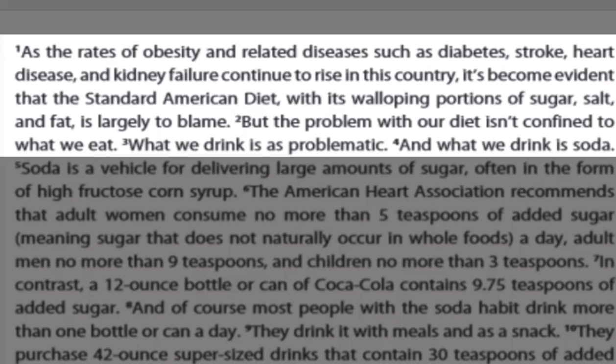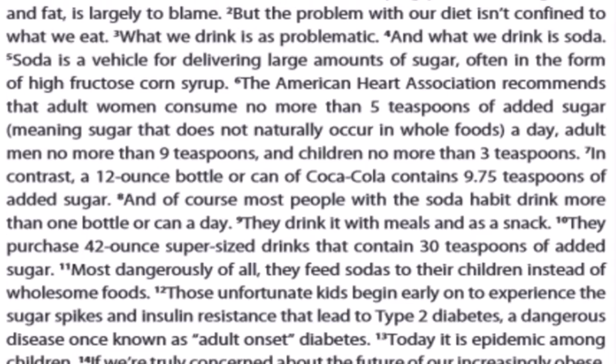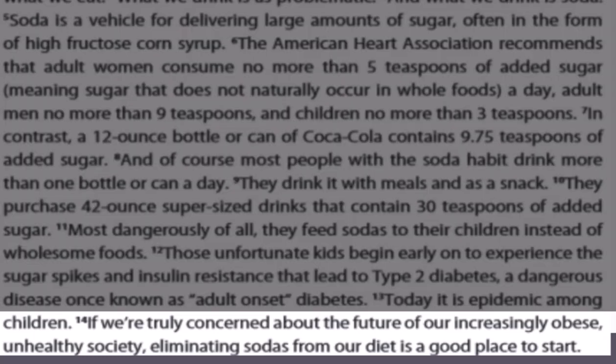And then we go into the supporting details, basically sentences 5 to 13, describing the problems of sugar. And then the main idea is sentence number 14. If we're truly concerned about the future of our increasingly obese, unhealthy society, eliminating sodas from our diet is a good place to start.